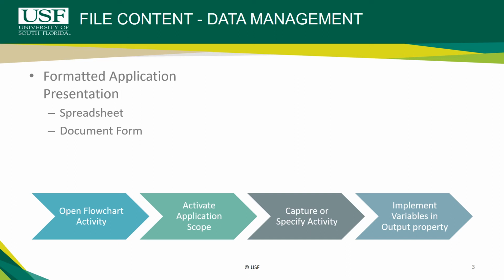In order to finish this data capture, we have to implement the variables in the output property of our application. So we're identifying variables that contain information or data from within this application. We need to be careful with the scope here because we may need to extend the visibility of those variables beyond this one application.